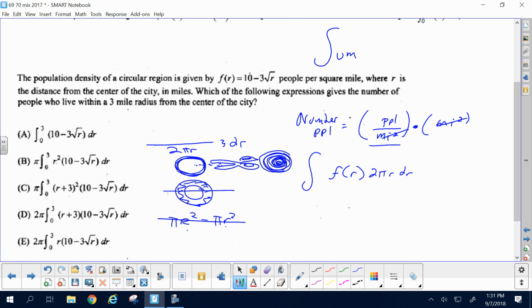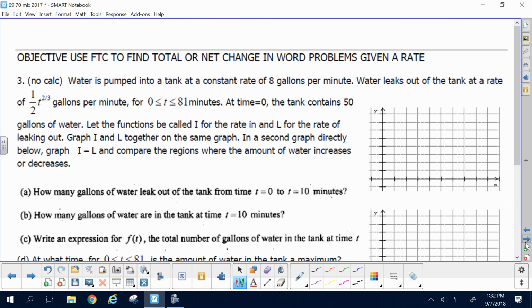So the limits on R are from what R to what R? 0 to 3. And so the answer is indeed B. 2 pi r, here's the area, this 2 pi r dr represents the area of the little rectangles, and then times the density function gives you P. Okay? That's civil engineering kind of problem. Yay. All right. Anybody interested in civil engineering?